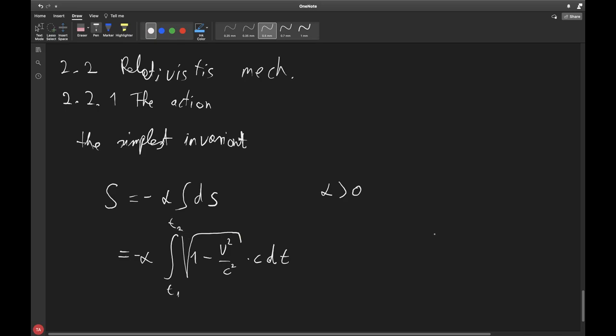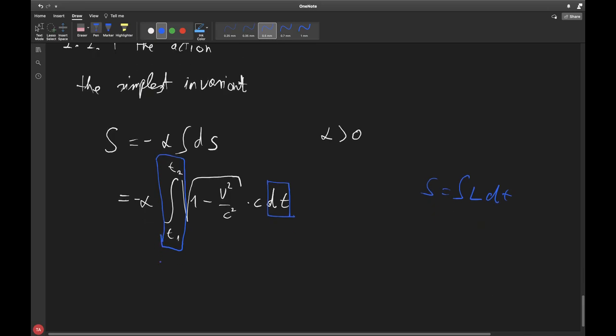And actually, you should remember that the S was defined to be the integral of the Lagrangian by time. So with this, we actually have that dt here, and we have an integral here, right? So that means that the rest is going to be the Lagrangian function.